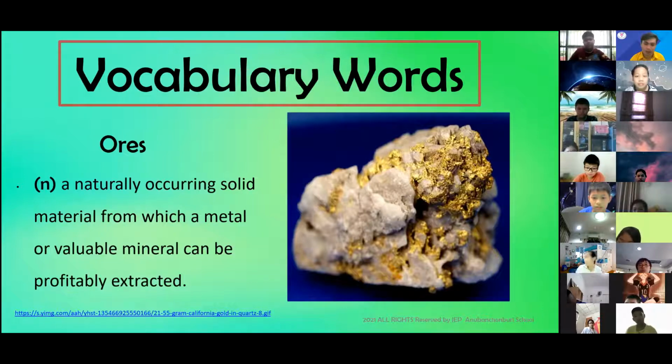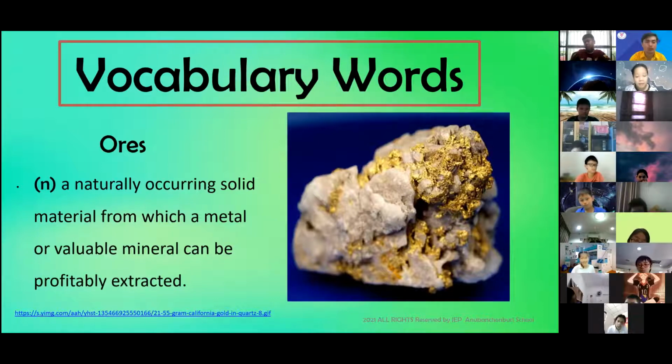If you get this rock that has gold in it, you give it to me. Okay, and I will give 100 baht to Supakrit for giving me the rock. Okay, so those are ores. Ores we can get, like aluminium. Aluminium we can get from ores. Okay, so an ore is like a simple rock, but there are some valuable minerals that we can get from them. Okay, those are ores.